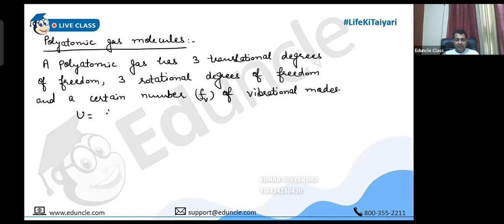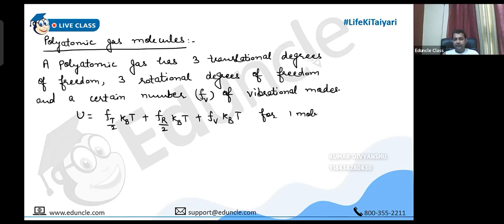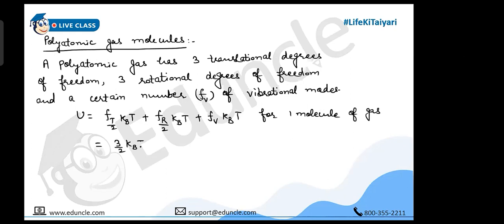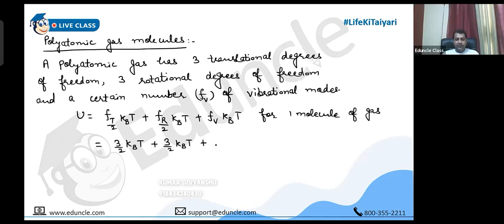So U will be F translational by 2 kT, F rotational by 2 kT, plus F vibrational into kT. It is for one molecule. Am I right? So now F translational, they are 3. Rotational are also 3. Vibrational, they are FV only.